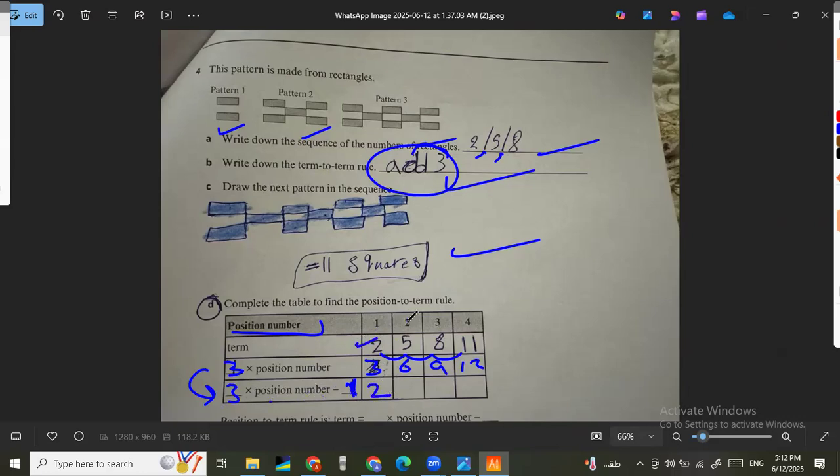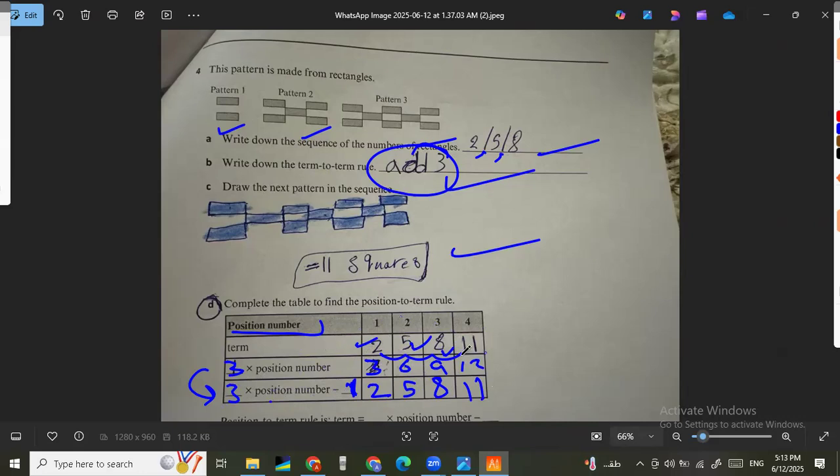Yes. 3 times position number 2: 3 times 2 is 6, minus 1 is 5. 3 times 3 is 9, minus 1 is 8. 3 times 4 is 12, minus 1 is 11. Yes. I must do it step by step.